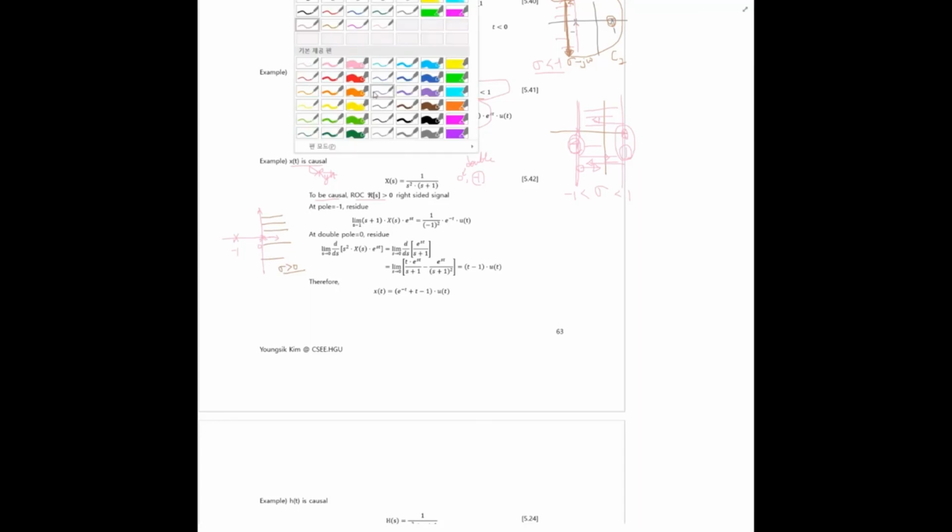To take the inverse Laplace transform, the path should be taken this way. This is a straight line from bottom to top, encircling all the poles. This is the closed path.